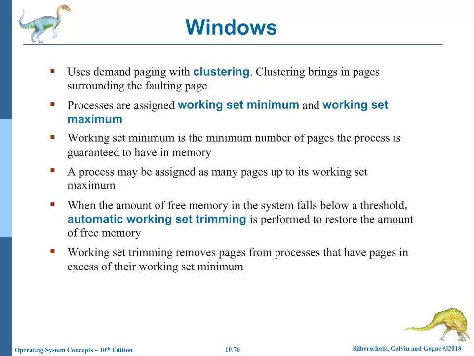Windows 10 implements the LRU approximation clock algorithm for page replacement. The replacement policy is a combination of global and local. If a process faults when below its maximum working set, or when free memory is plentiful, the operating system gives the process a frame from the free list.